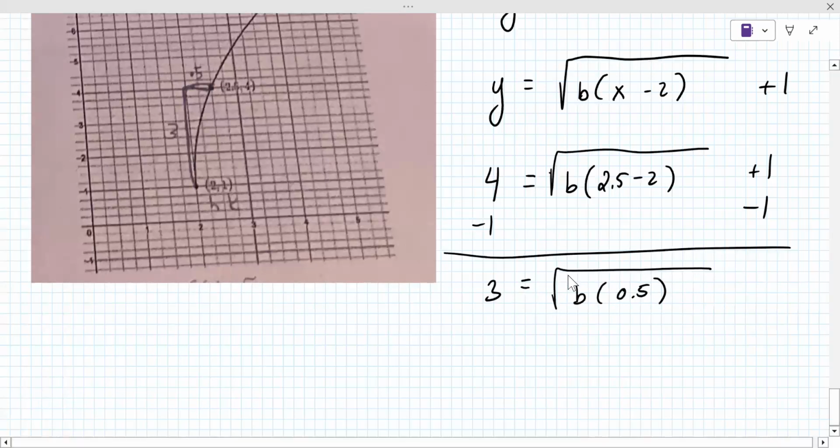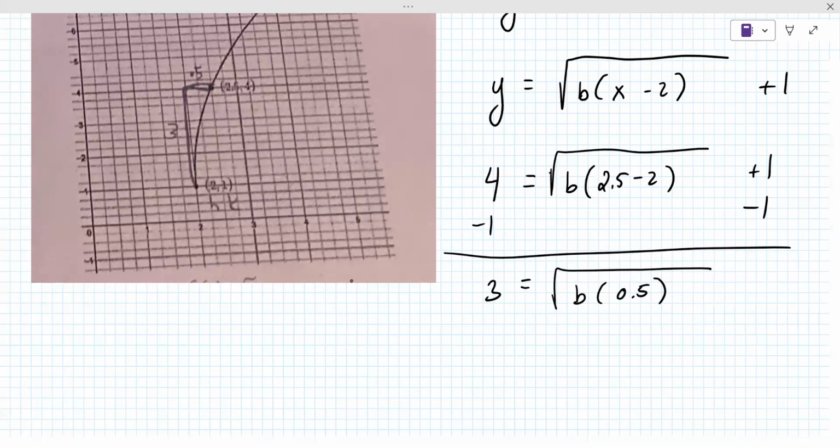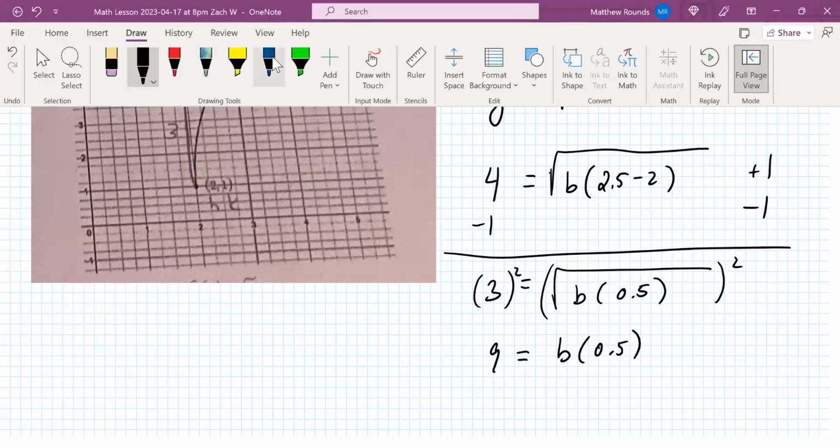Okay, so you're going to undo the square root first. Is that just multiplying it by 2? Yeah, just squaring both sides. Power of 2, power of 2. So then that would be 9 equals b times 0.5. And then you can multiply both sides by 2 to clear the 0.5.